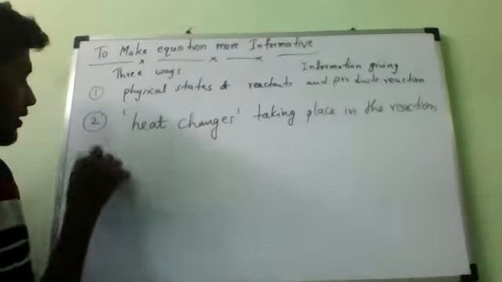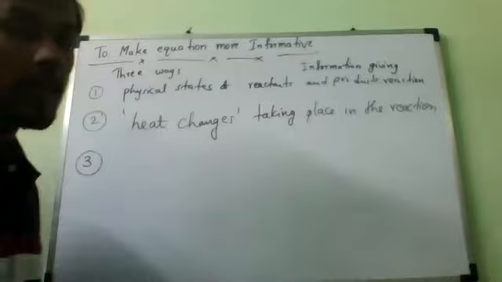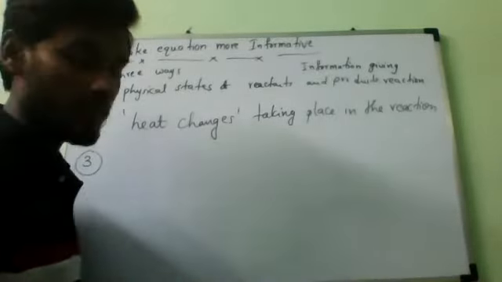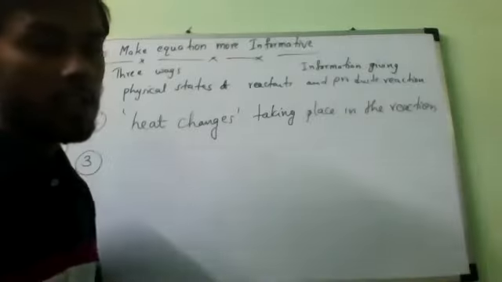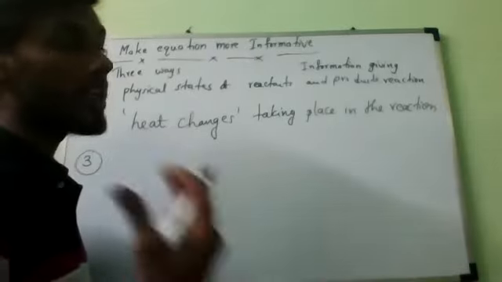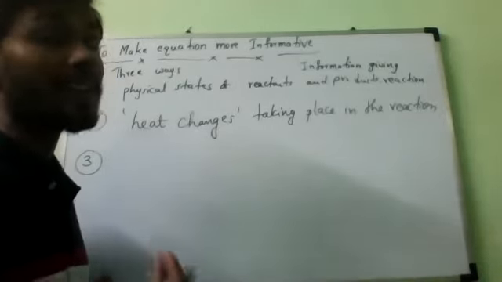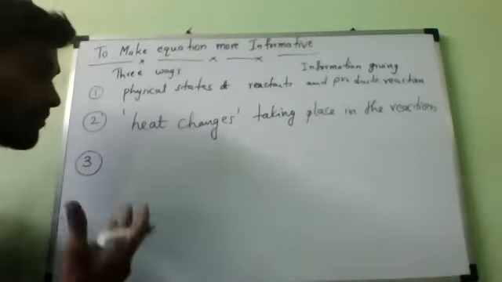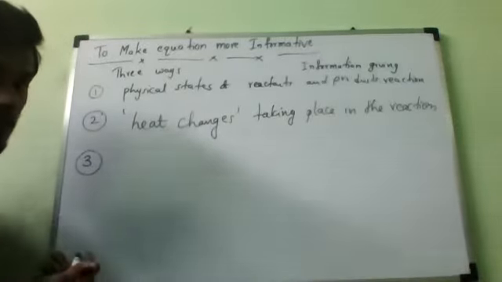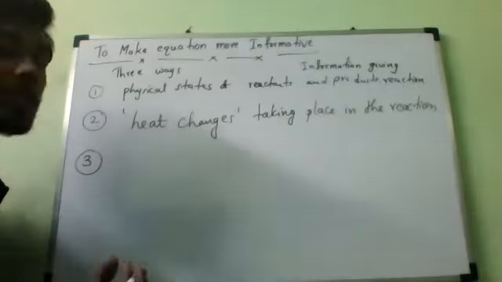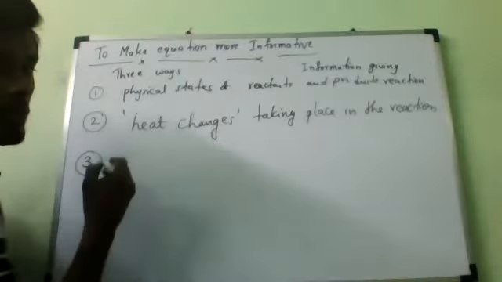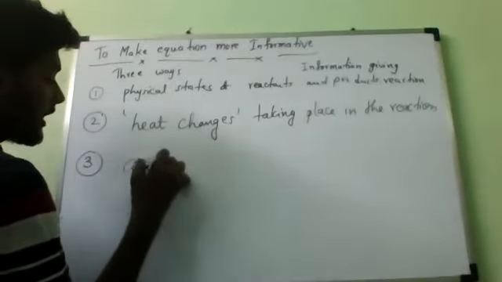Like that, the third method is by indicating the conditions under which the reaction takes place. That means what catalyst we are using, whether we have to increase or decrease the pressure. That is called conditions.